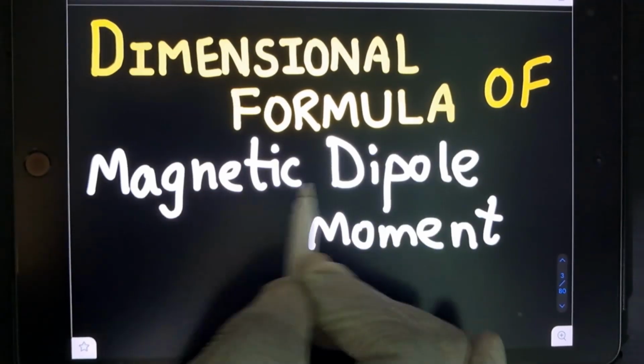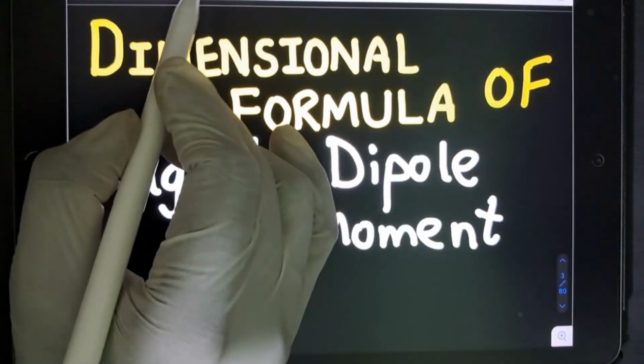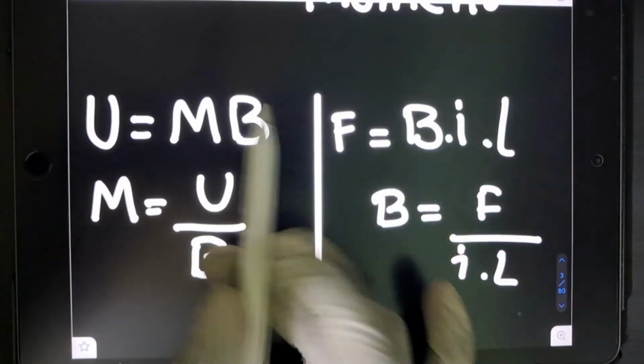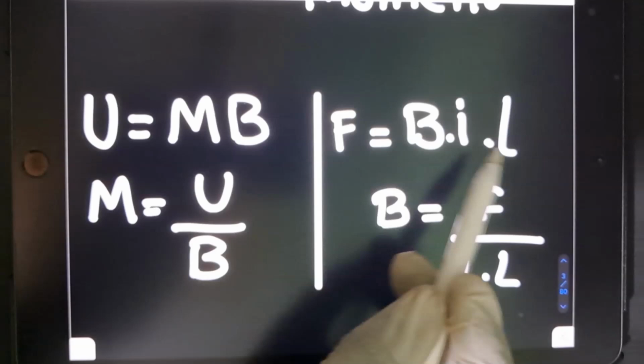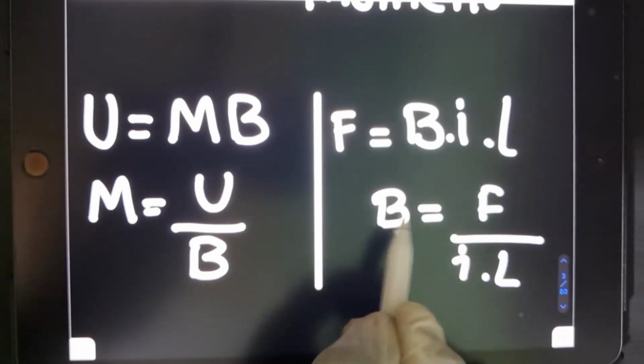To find the dimensional formula of magnetic dipole moment, denoted by letter M, U is equal to MB, where M is equal to U by B. F is equal to BIL, where B is equal to F by IL.